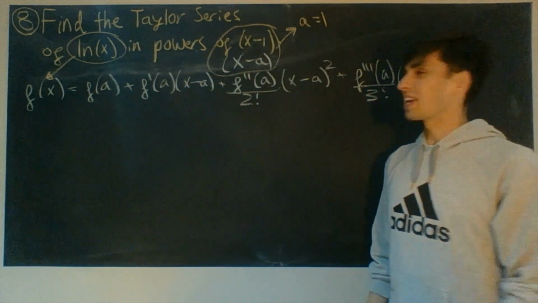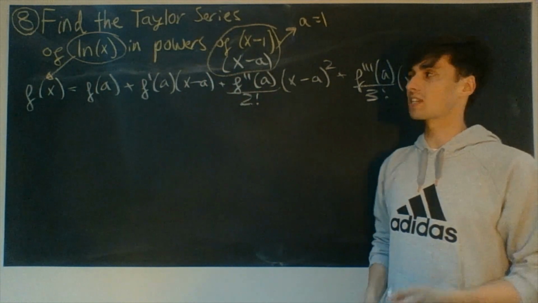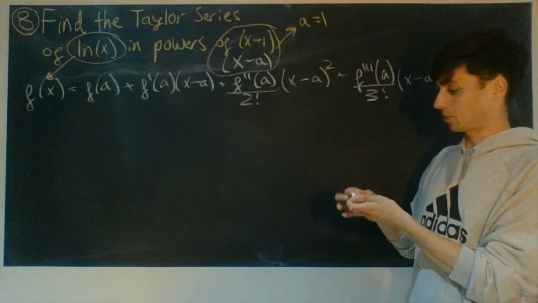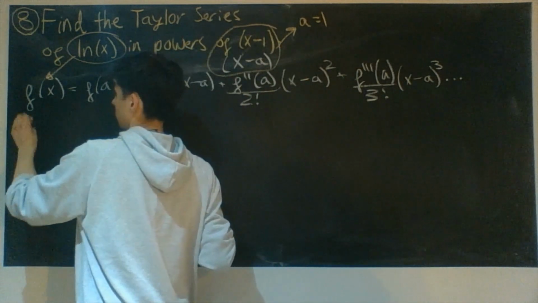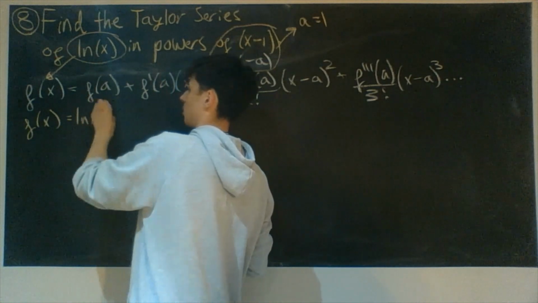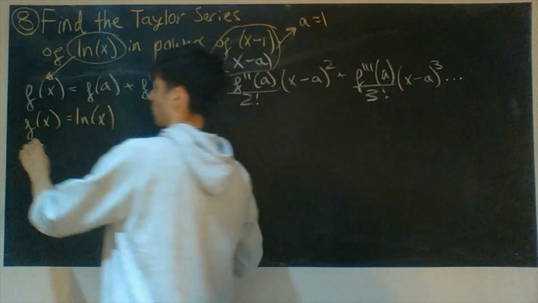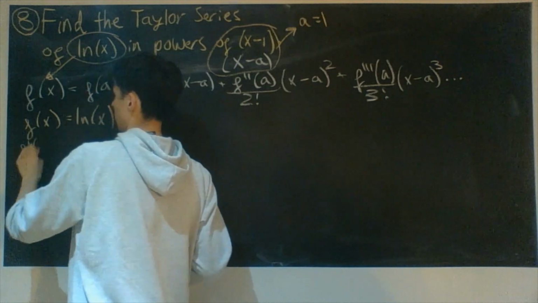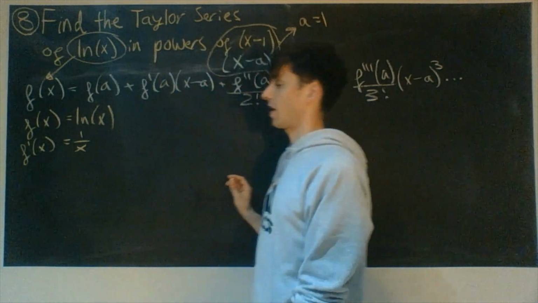Well, let's do some thinking now. If we put ln x in here and start differentiating, we'll see what needs to happen. So f of x is ln x. We want to differentiate it 3 times. The first time, f dash of x, ln x goes to 1 over x.